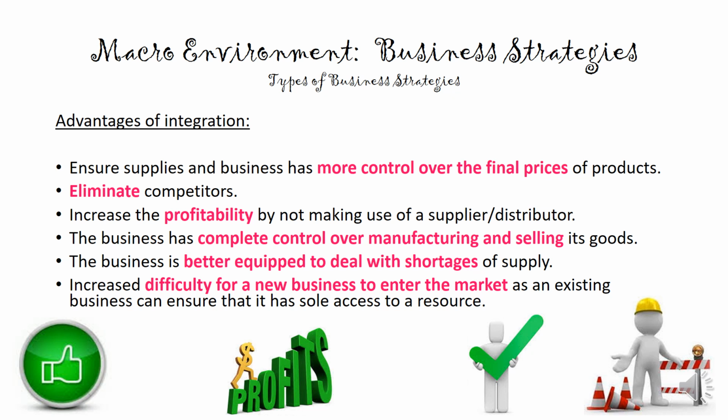We control all the apple farms. We are going to make sure that they will not have access to apples to use as a raw material. So we are basically preventing competitors from entering the market, ensuring that we will have the maximum market share and that we will make the maximum amount of profit.